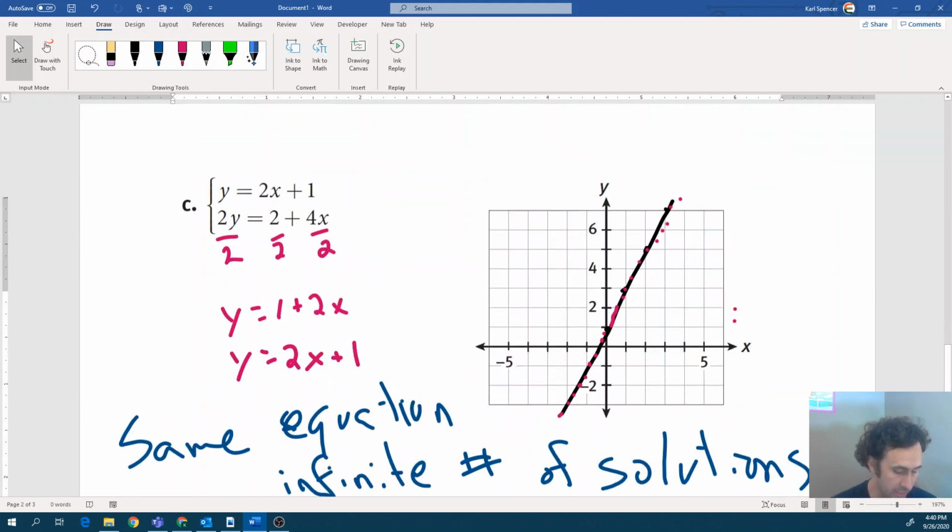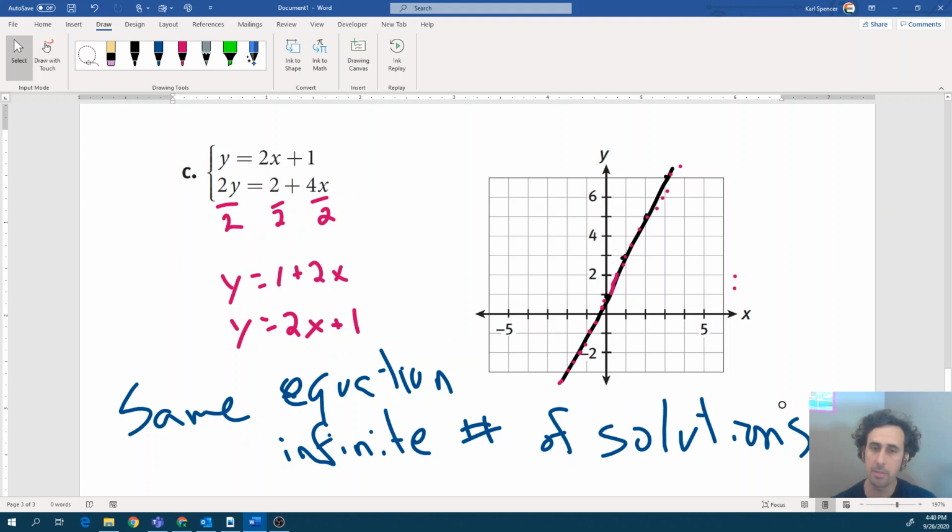Or it's possible that these two lines are in fact the same line, and so there's an infinite number of solutions. Now the easiest way to tell one solution, infinite solutions, and no solutions is by graphing it, but there are also a few other ways using our other methods. So for today's video, just recognize the number of possible solutions.